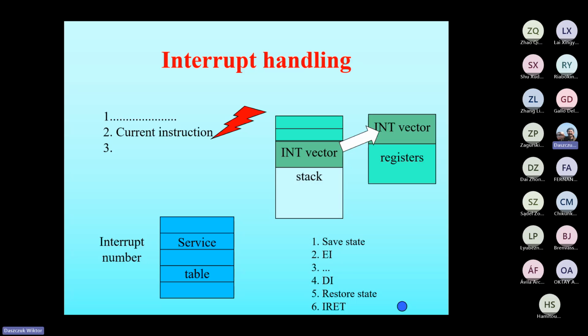So it is almost a return, but with some additional elements. Two registers are popped. Return pops only the trace. Interrupt return pops flags and trace. Those two registers are typically stored automatically. And that's all.